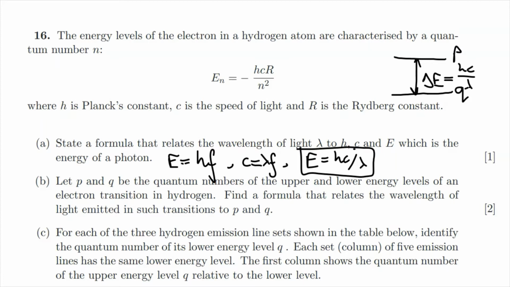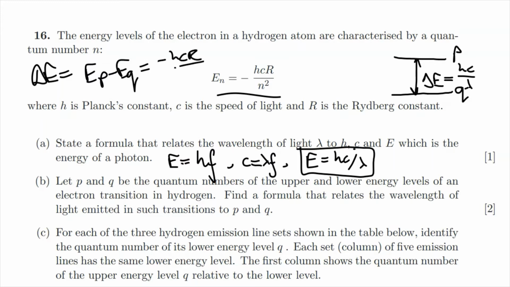So delta E equals the energy at P minus the energy at Q. Using the equation given in the question, we get that this equals minus hcR over P squared minus, so that becomes a plus, hcR over Q squared.